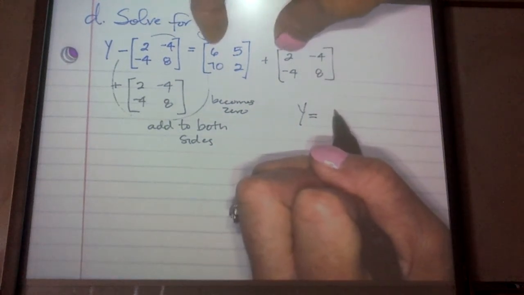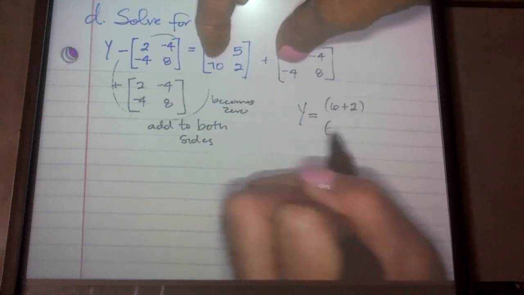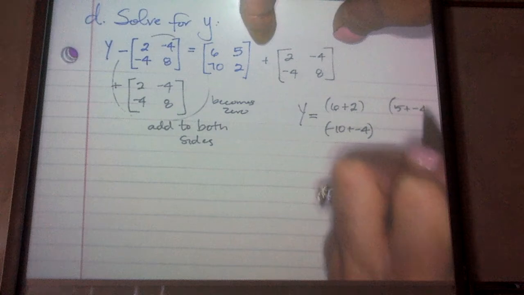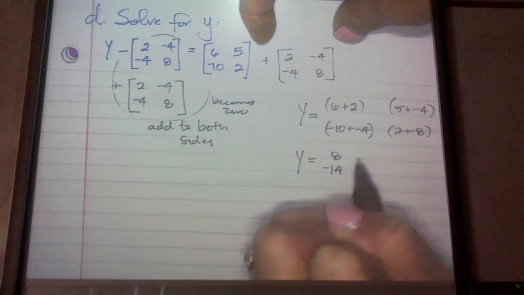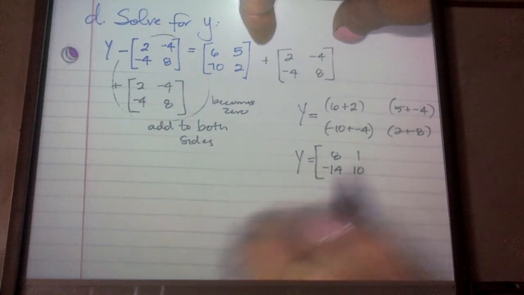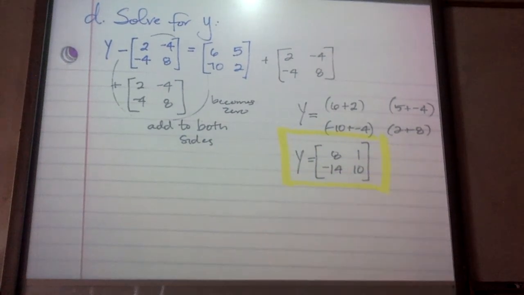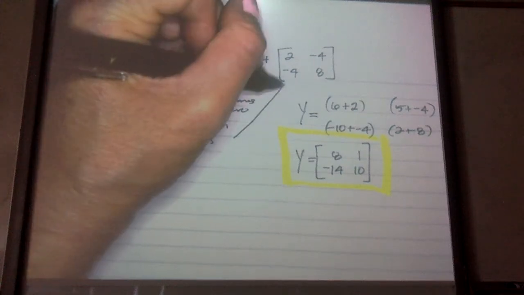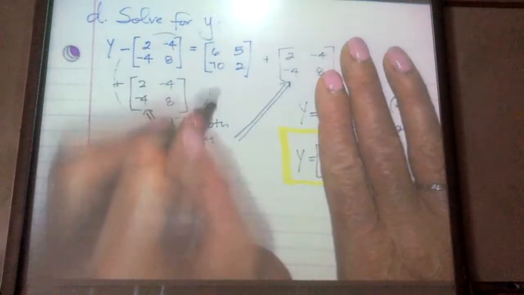So 6 plus 2, negative 10 plus negative 4, 5 plus negative 4, 2 plus 8. So y equals 8, negative 14, 1, and 10. Easy peasy. Okay? I added this to the left, and I added this to the right in order to get y by itself.